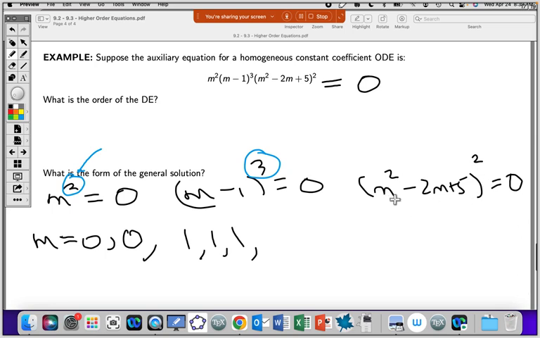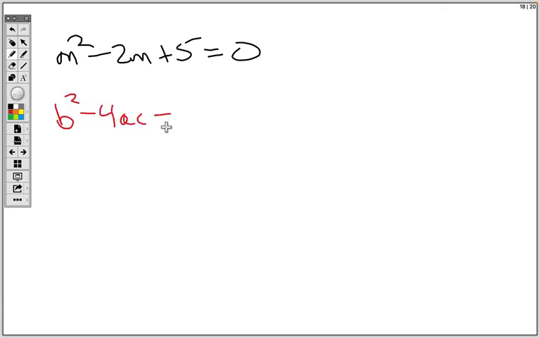And what do I do with this thing here? Let's take a look at this quadratic. Of course, we always try to factor it nicely. But if it doesn't factor nicely, what can I always hit it with, Rick? Quadratic equation. Yeah, so we'll do that. Let's check the discriminant, b squared minus 4ac, to see what kind of things are going to pop out.